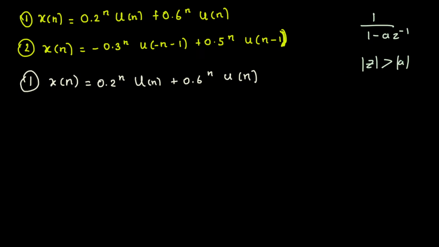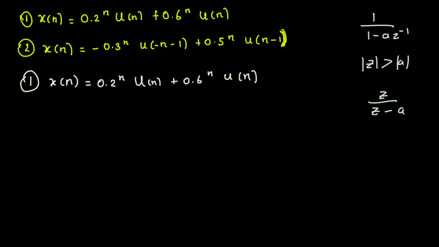Now this one also can be written, if you want to get rid of this Z power minus 1, as Z over Z minus A. I just multiply Z on top and bottom, so these cancel and you get Z over Z minus A. Here, this is currently a power n u of n, A is whatever the value we have here, and Z remains the same.